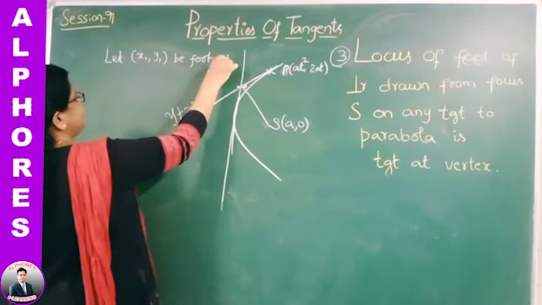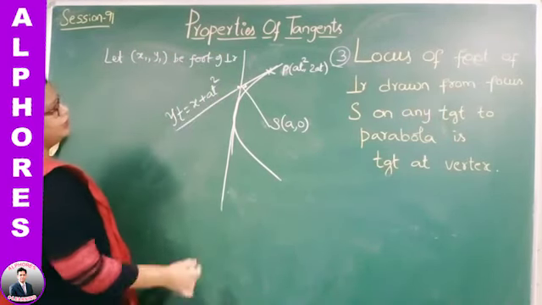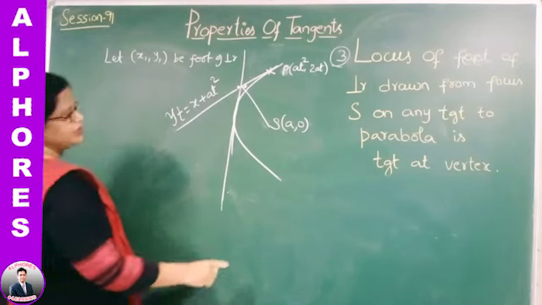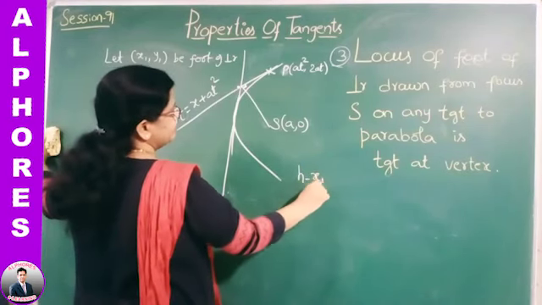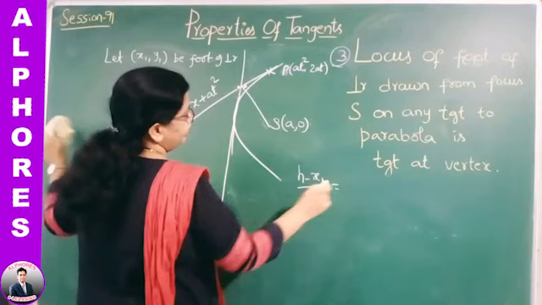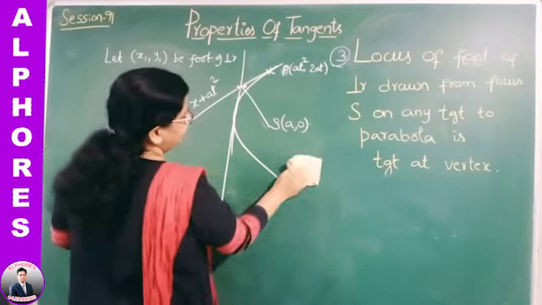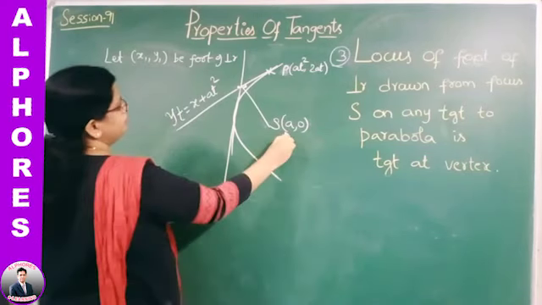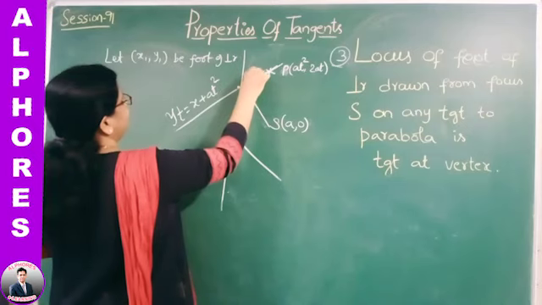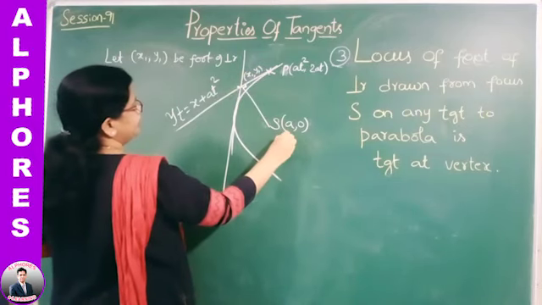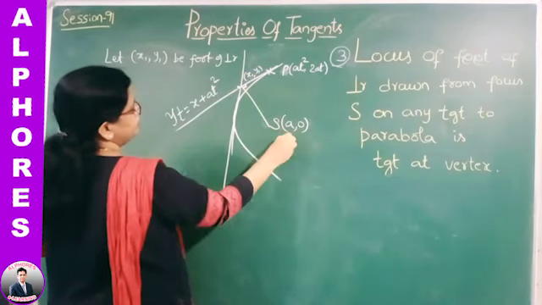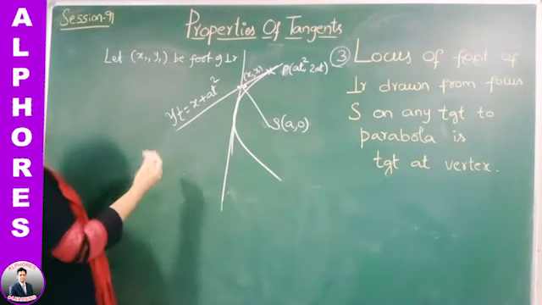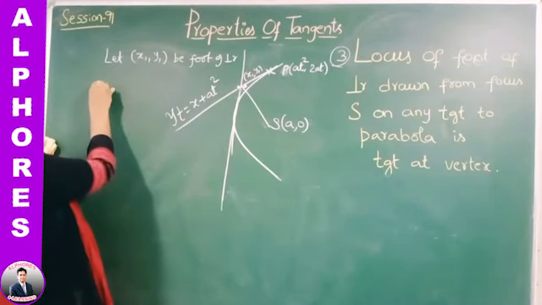And once you know this is the foot of perpendicular, then we know the formula. What is our formula? (h minus x1) divided by a equal to that kind of formula I am now using. So this is your (x1, y1), and what is the other point here? This is (h, k).